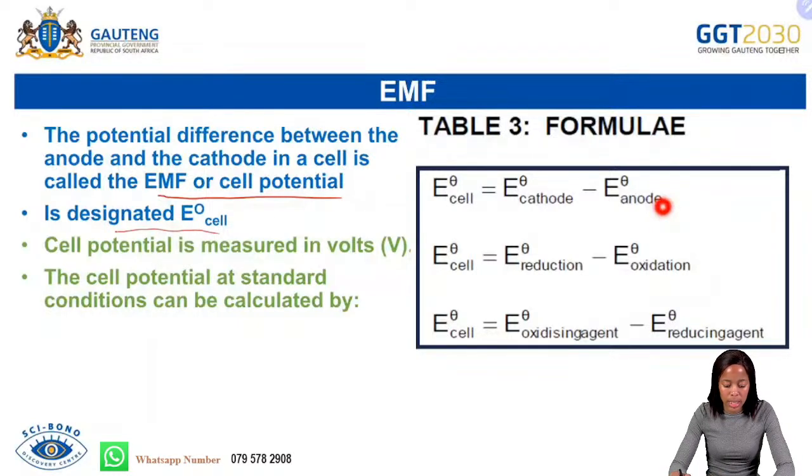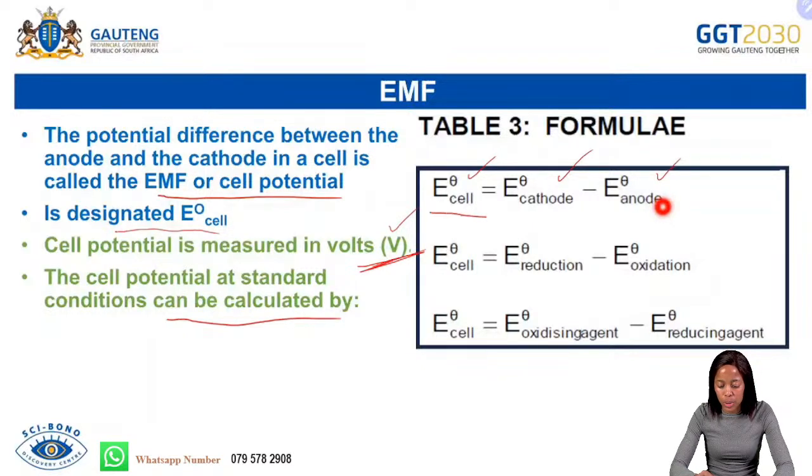It says cell potential is measured in volts, so very important. Whenever you do your calculations, you need to make sure that you write your correct unit. That unit is volts, or the capital letter V there. Then it says the cell potential at standard conditions can be calculated by, so we have E cell is equals to E cathode minus E anode.